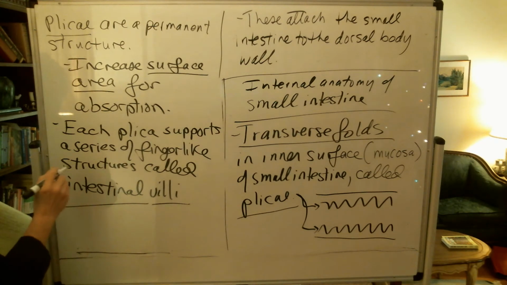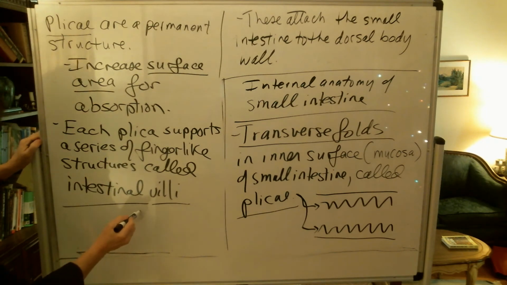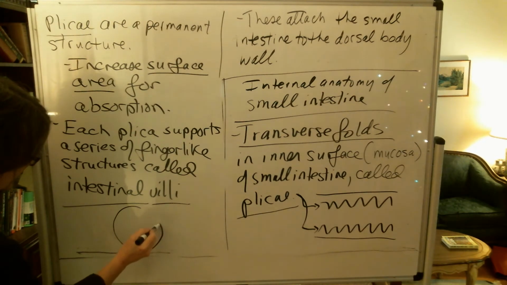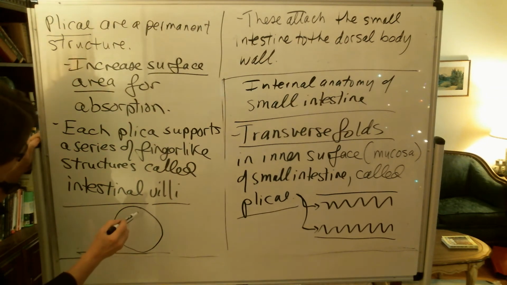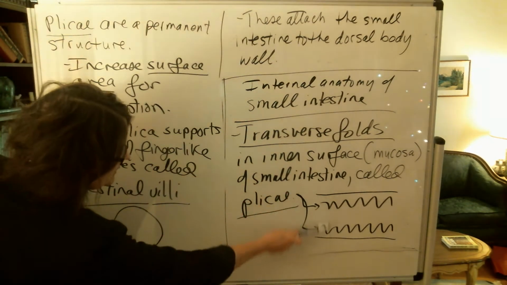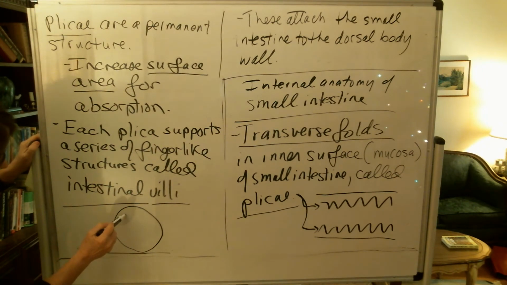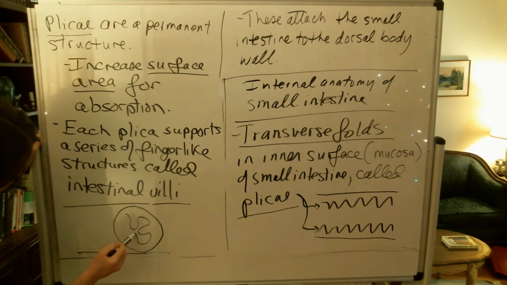We have these projections. I could easily, instead of structure, have said projections, but here's what I'm getting at. Here we are going to look at a cross-section of the small intestine. There's the outer wall. Now, we've already talked about plicae. But now, on each one of these plicae, what you are then going to see is these finger-like projections that go into the open area of the small intestine.